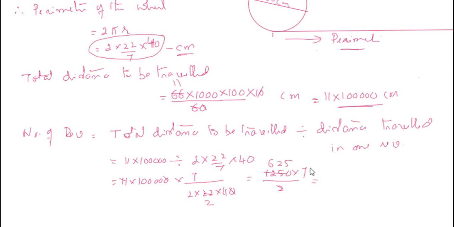Now if I multiply 625 with 7, then it comes to 4375 revolutions. So when the car travels at a speed of 66 km per hour for 10 minutes, then the number of revolutions that the wheel makes is 4375.